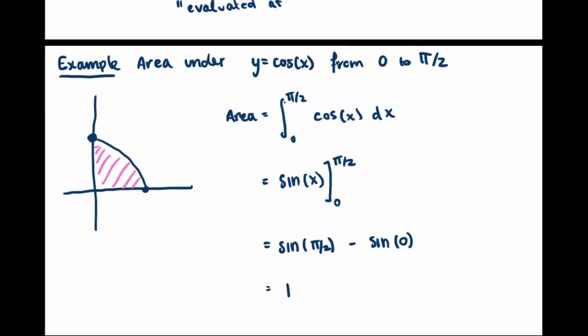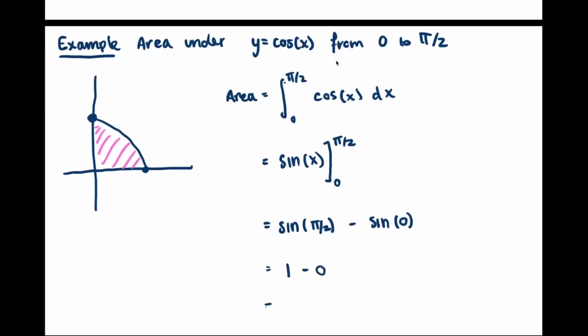Yeah, so this is just 1. It's kind of surprising that this just comes out to be an integer. You might think it's some wacky thing, but it just has area 1. Are there questions about this example?